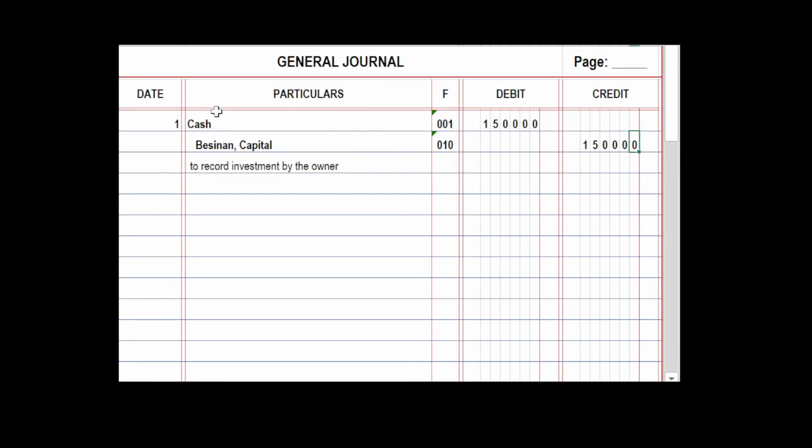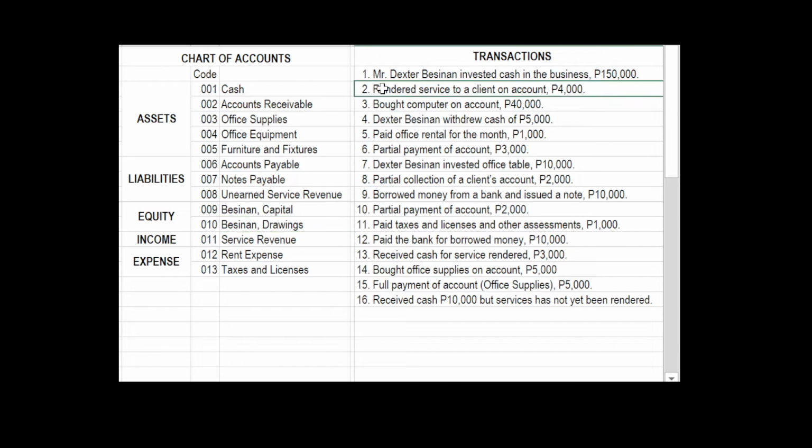So, aside from this debit and credit, dapat meron din tayo nitong to record investment by the owner. Okay, so trial yan kasi nga binigay ko siya para makita nyo kung ano yung dapat ilagay natin dito sa format ng ating general journal. So let's proceed with a number 2.